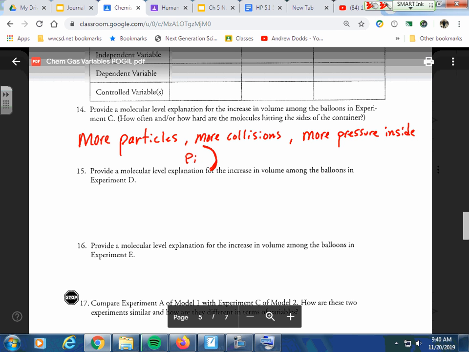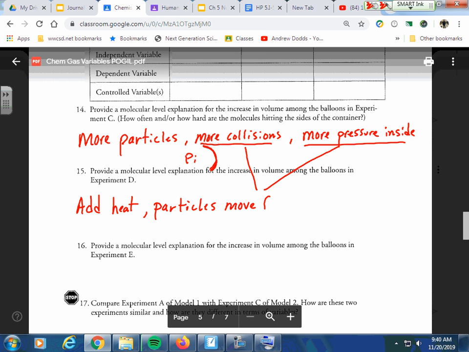All right, so what about number 15? What do we say for experiment D? I'll give you a hint. This part and this part are going to be the same in this answer. Okay? Add heat. Particles move faster, which we should know or be working on understanding that how fast the particles go is called average kinetic energy.